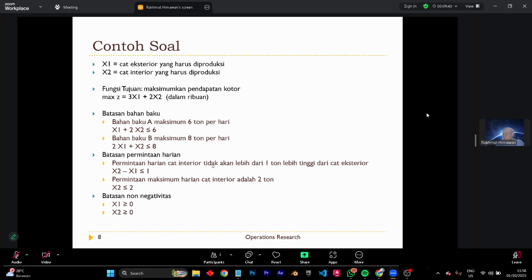And then here is an additional requirement that the demand for exterior paint, or X1, will not be more than 1 ton extra from X2, with interior being X2. So X2 will not be more than 1 plus X1, or X2 minus X1 less than or equal to 1.